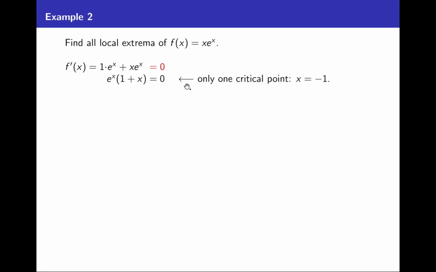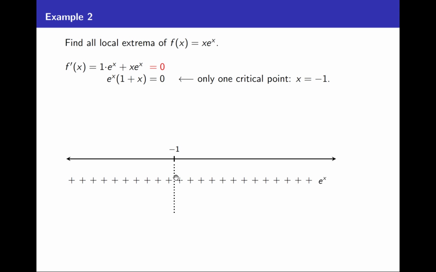So good, we've completed our first step, we've found the critical points, and there's only one, so we put it on the number line, and now we're going to apply the first derivative test to that critical point. We're going to look at how the sign of f prime changes there. Now, f prime of x is e to the x times 1 plus x. It's got two factors. We'll look at them individually. e to the x is always positive, no matter what x is.